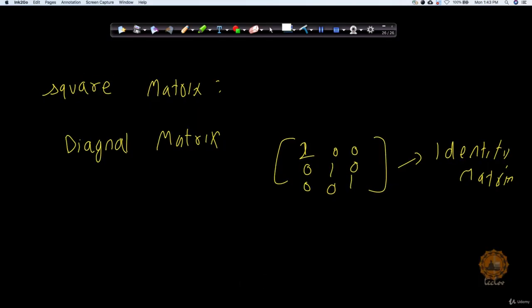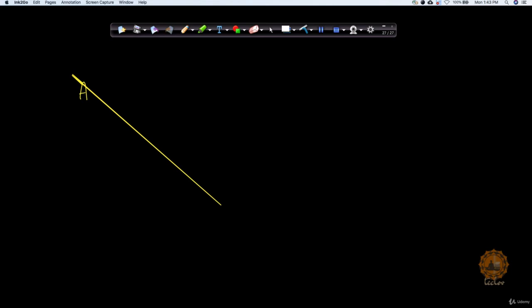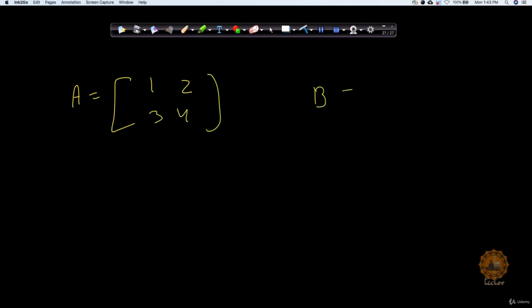For example, you can perform matrix addition. Let's say you have a matrix A which has 1 2 3 4, and a matrix B which has 5 6 7 8, and I say A plus B. One very important thing to look at is that they both should have the same dimension in order for this addition to be possible.